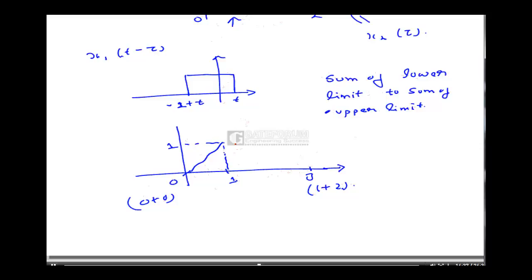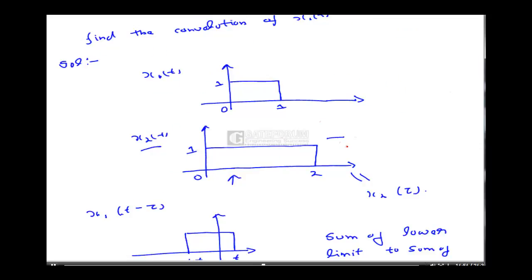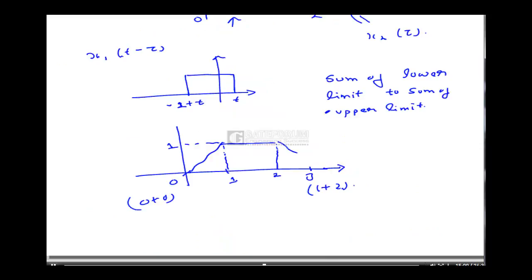At one point when this is completely inserted in x2(tau), at that time the magnitude will remain constant. It will happen up to point 2. Then from 2 to 3, when this x1(t minus tau) starts leaving x2(tau), again the magnitude will keep on decreasing. So it will be just like a trapezium.